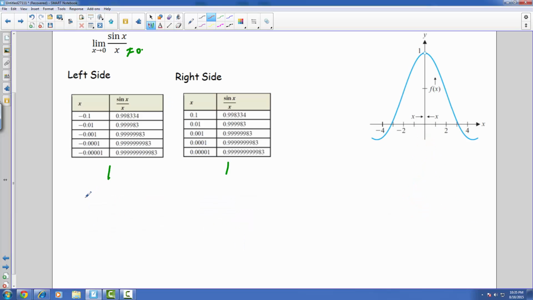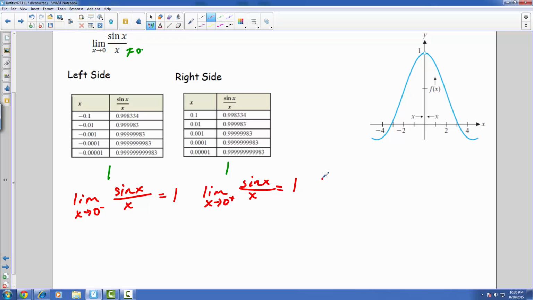And so how we actually show this is we have the limit as x approaches 0 from the left of sine of x over x is equal to 1, coming from this first part, the left side. The limit as x approaches 0 from the right of sine of x over x is equal to 1.